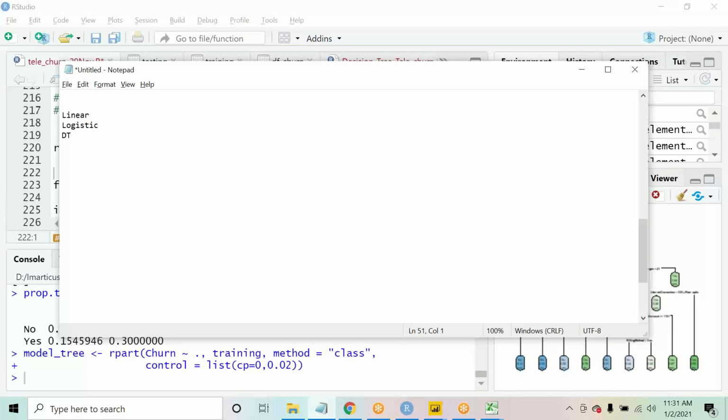The next technique that we are going to learn is LDA, which stands for linear discriminant analysis. Okay.